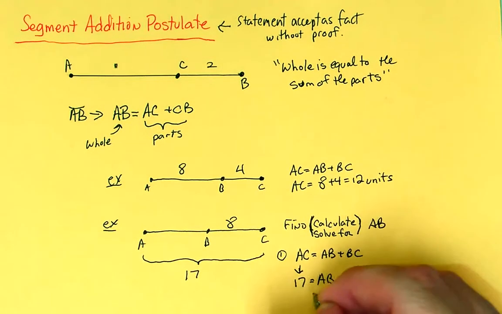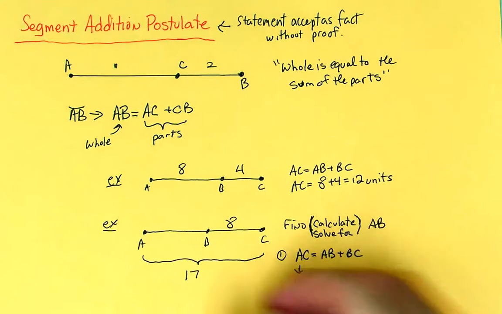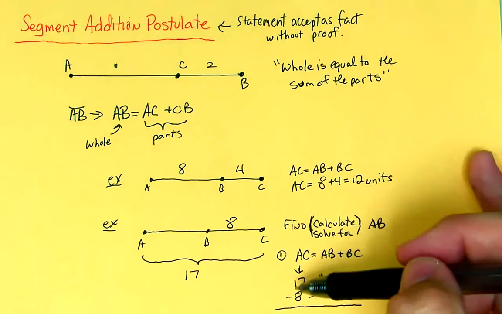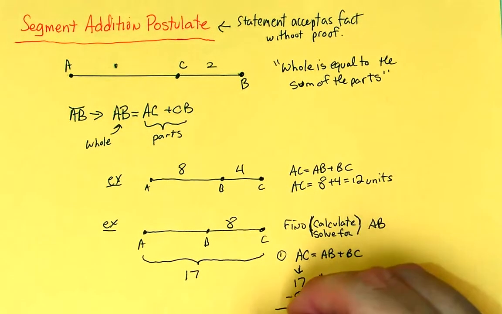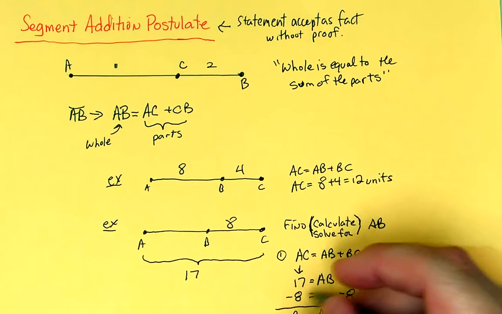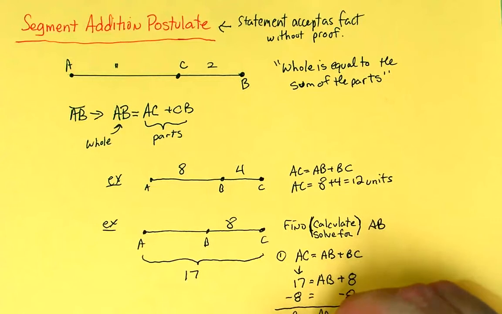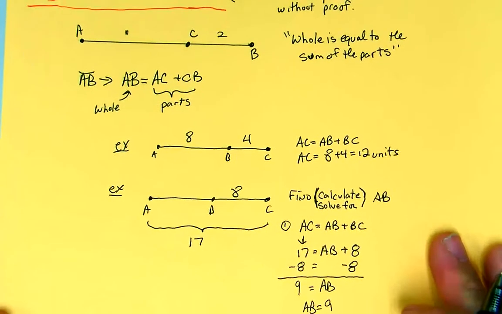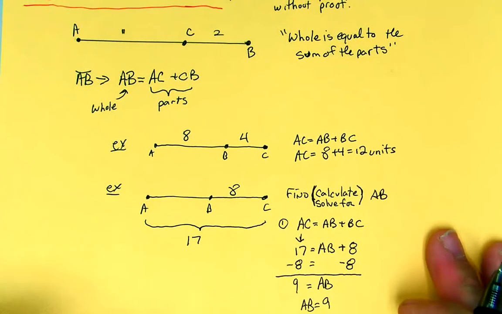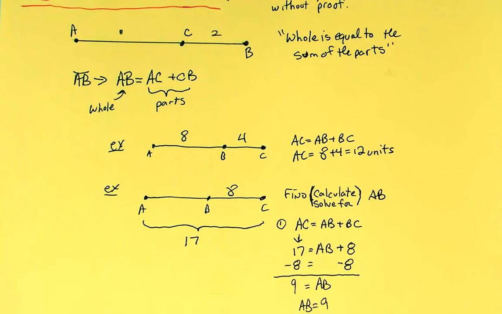Subtract 8 from both sides, so I'll make the equation negative 8 equals negative 8, and add my equations together. 17 minus 8, that's 9, is equal to AB. Positive 8 plus a negative 8 is 0, so I know that AB is equal to 9, and that's what we need to have done for the segment addition postulate.